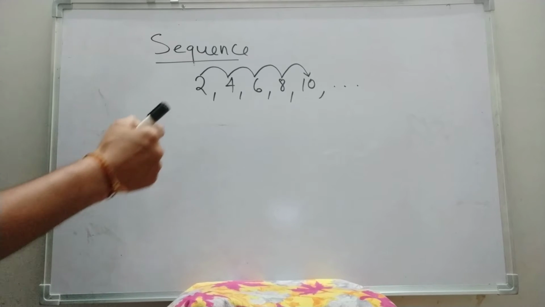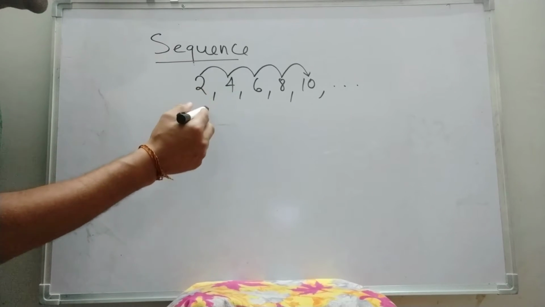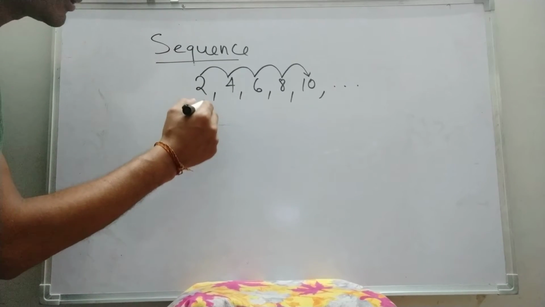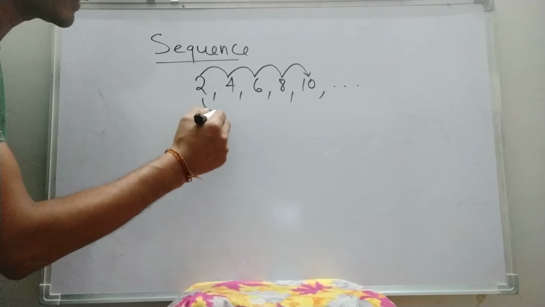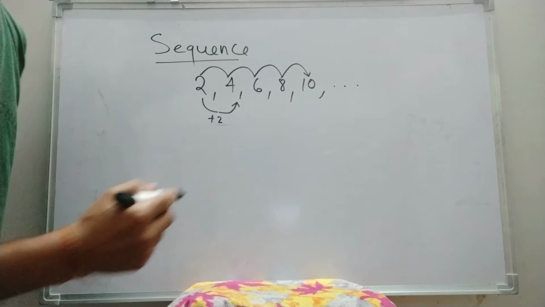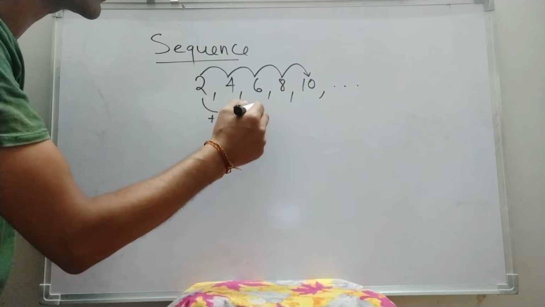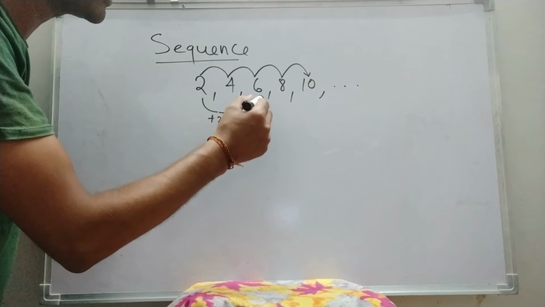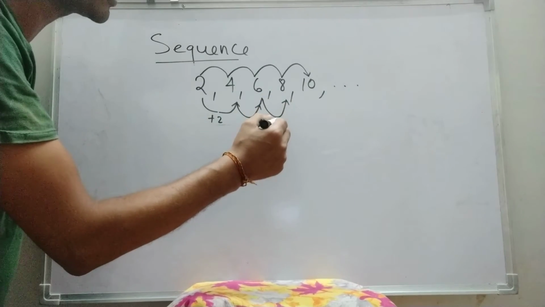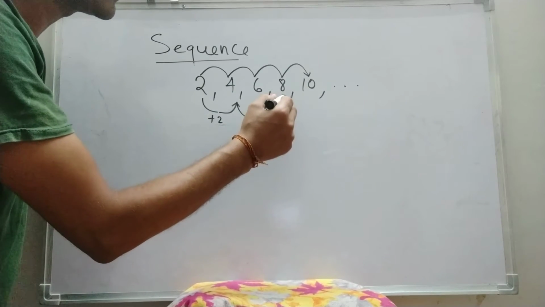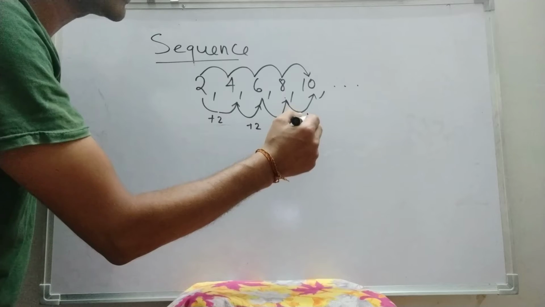With each term, 2 is added and the next term is there. Again with this term 2 is added, then the next term 6 is here.